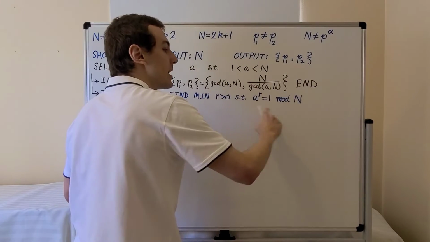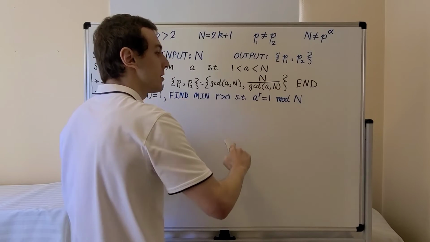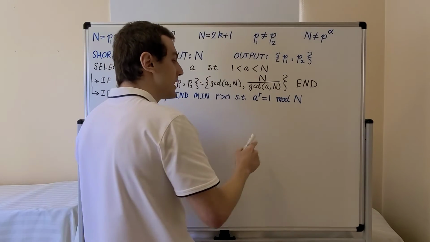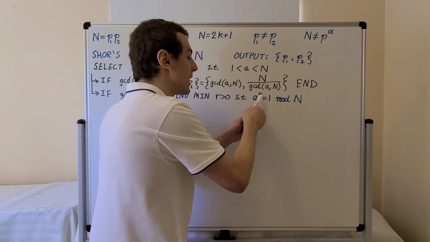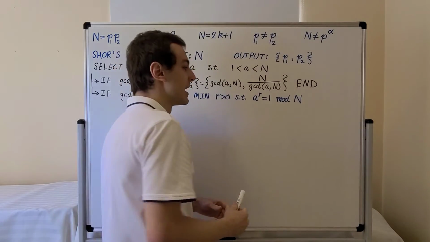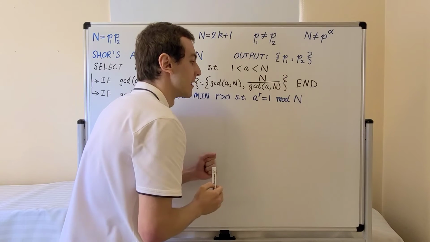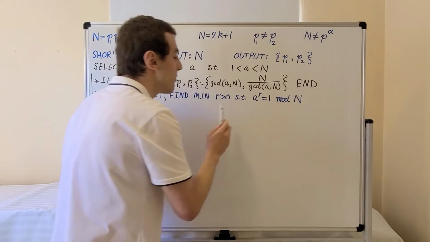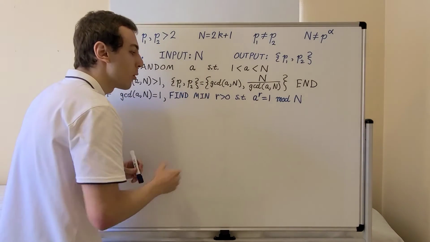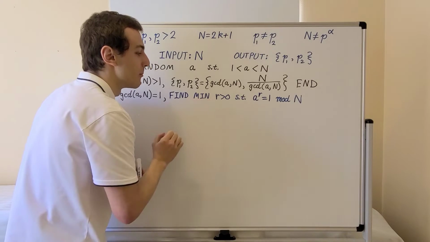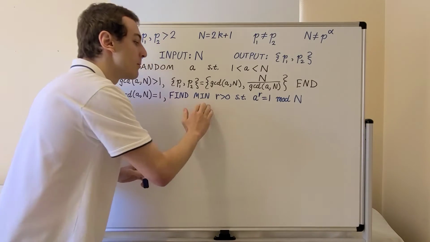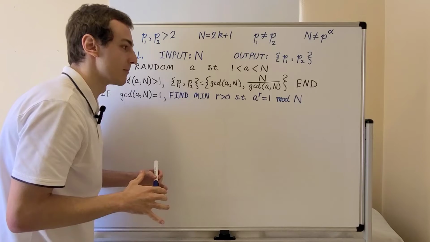So we will elaborate on this property later in this video, but first we need to understand that this r is called the order. Specifically, r is the order of a mod n. And it is the minimum positive integer. And it's very important that we define it as the minimum, because if we don't define it as the minimum, we're going to have some ambiguity.